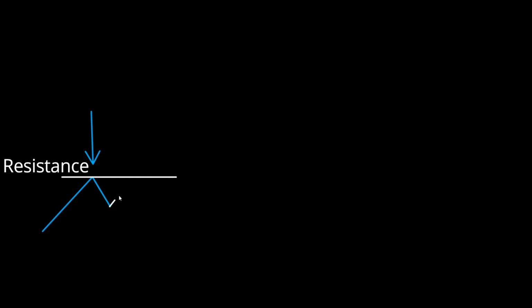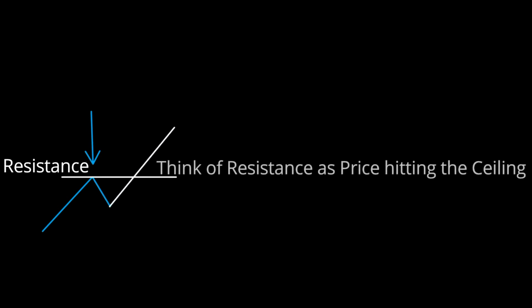So then once we break out, let me switch colors. Still trying to get used to this thing. Once we break through this and go higher, by the way, this is a breakout. This is what I trade.